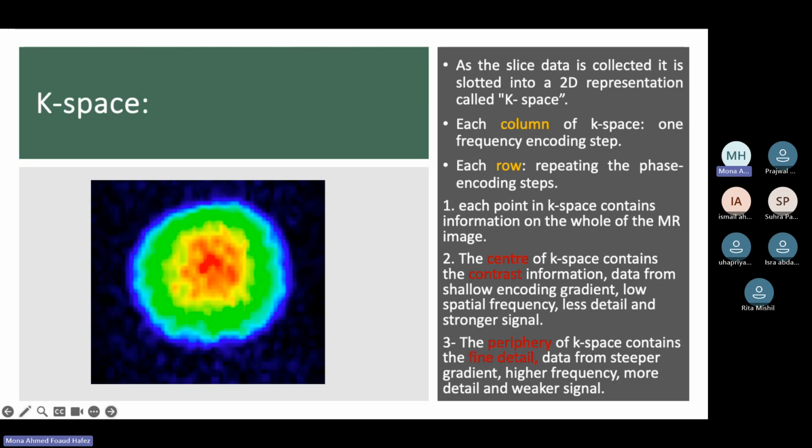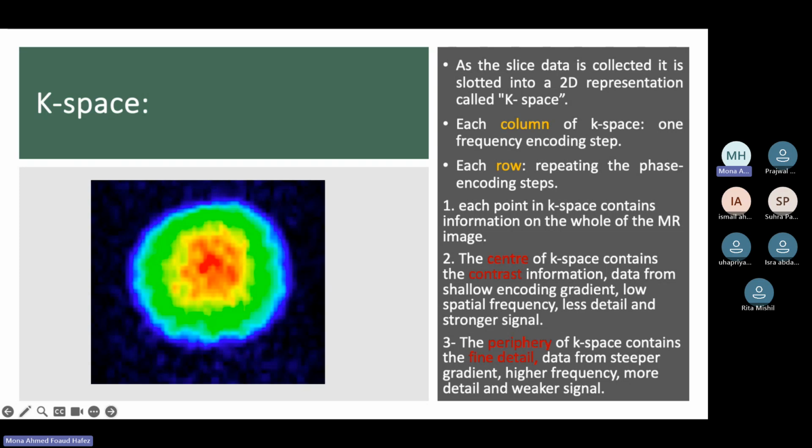The data includes the data from the shallow encoding gradient. A shallow gradient represents a gradient with low angle and low spatial frequency, less detail, but stronger signal. The periphery of the K-space contains the fine details.